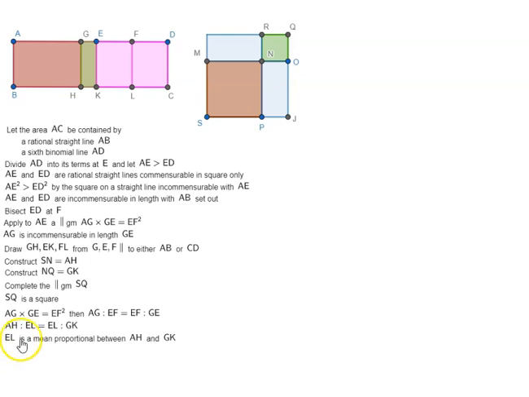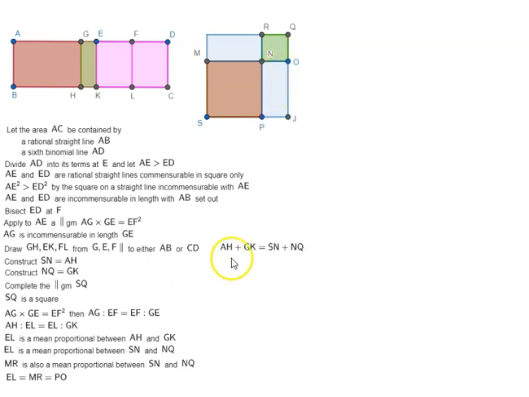So EL is a mean proportional between AH and GK, which means EL is a mean proportional between Sn and NQ because AH is equal to Sn and GK is equal to NQ. And based on the lemma, we can say MR is also a mean proportional between Sn and NQ. Means EL is equal to MR is equal to PO as well because MR is equal to PO.